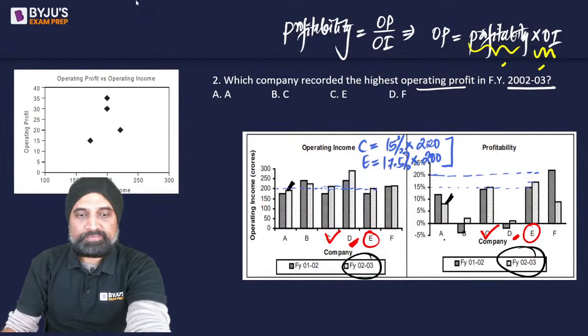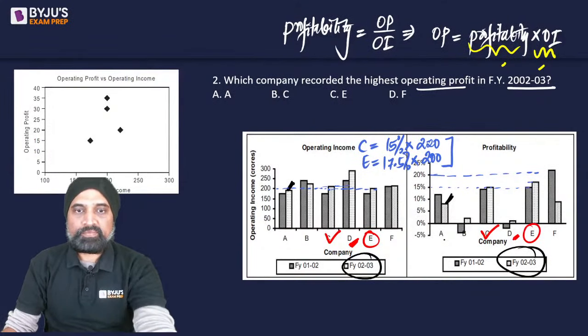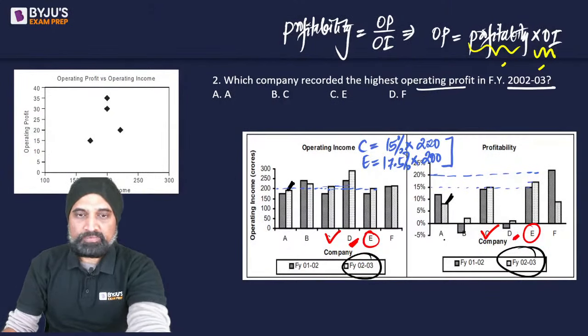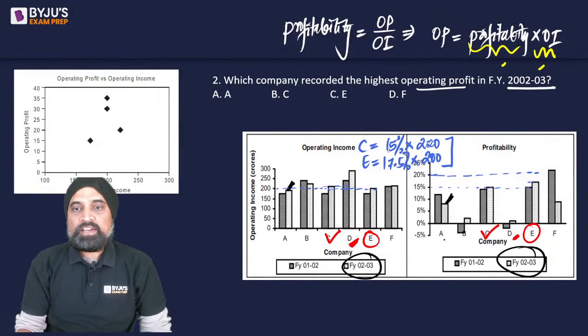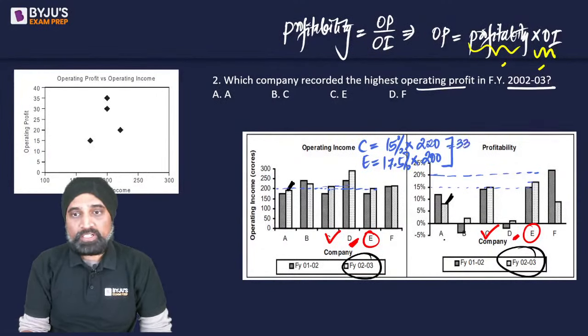Tell me, which calculation is larger? Fifteen into 22 is going to give us 330, or 33.